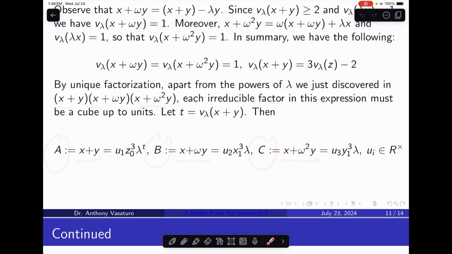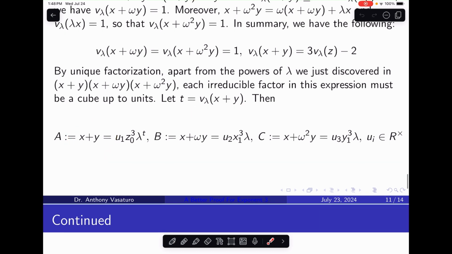We know each of these is a cube up to units after we divide out all the lambdas dividing it. So we can write x plus y as some unit u1 times a cube in R, z naught cubed, times lambda to the t, where t is the number of times lambda divides this.